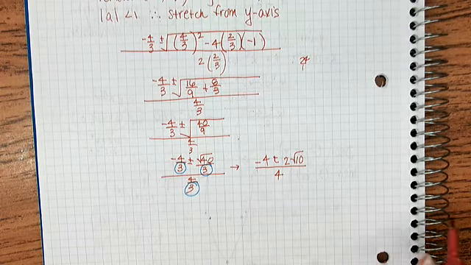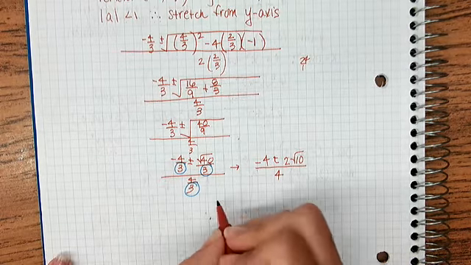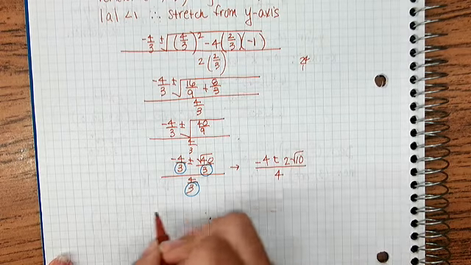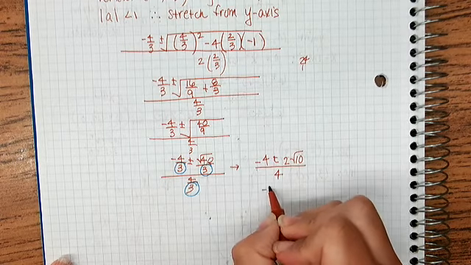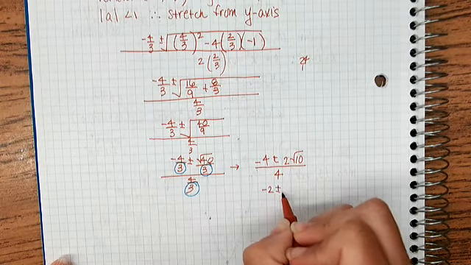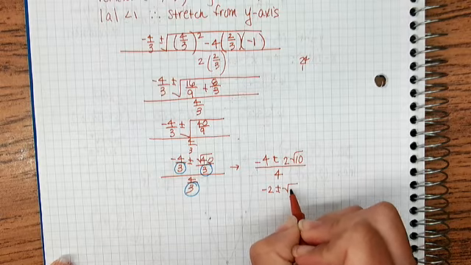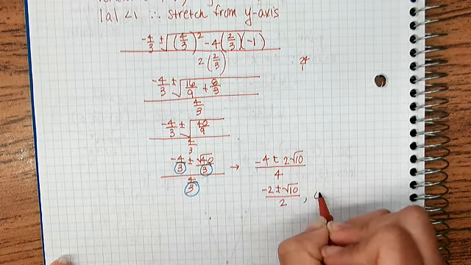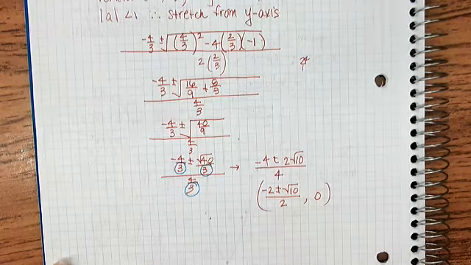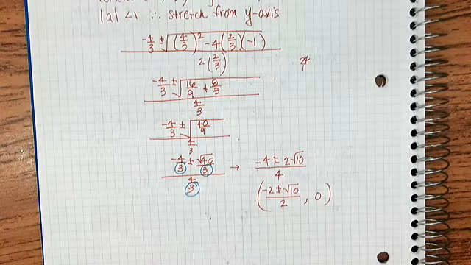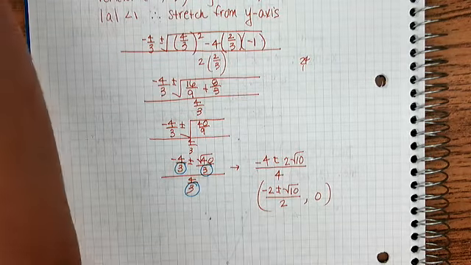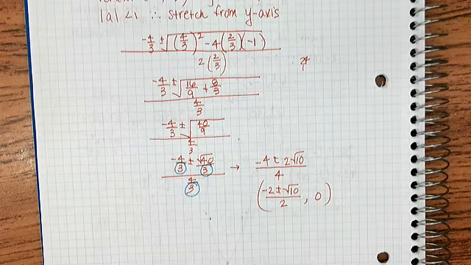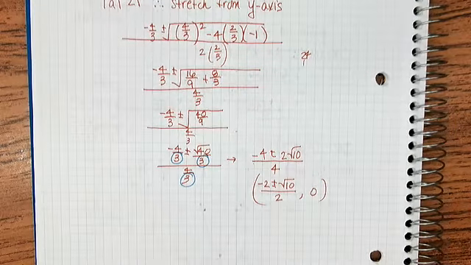And then divide everything by 2 and you get -2 plus or minus the square root of 10 all over 2 comma 0. Bing bang. Wow. How do you like them apples?